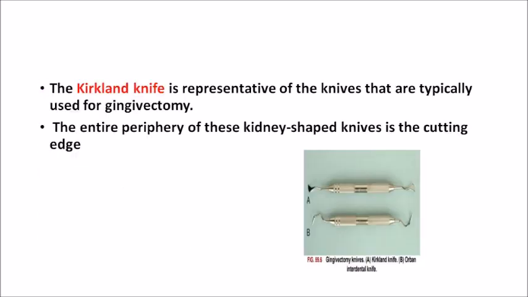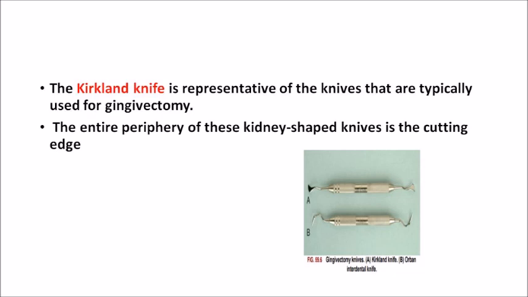So coming to what is the instrument that is to be used for gingivectomy. The typical instrument is Kirkland knife. It is the representative of the knives that are used for gingivectomy. It is kidney shaped, and the entire periphery of this kidney shape is used as the cutting edge. You have to be familiar with the figure. The first one, or A, is the Kirkland knife, which is kidney shaped. The second one is the Orban interdental knife.